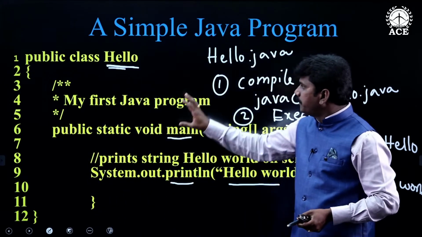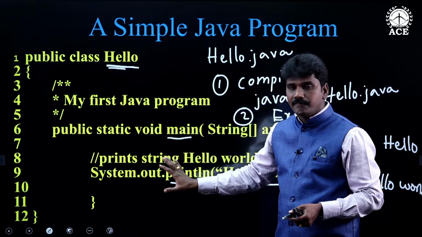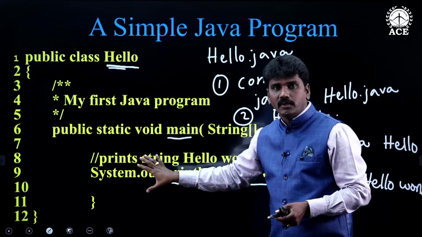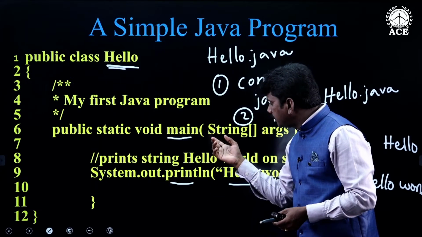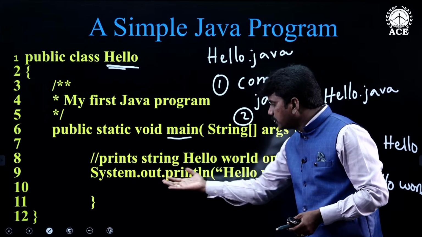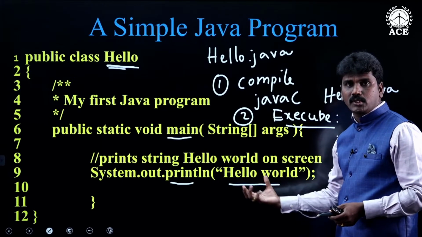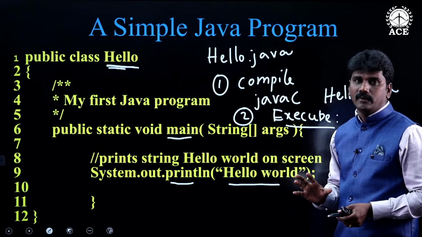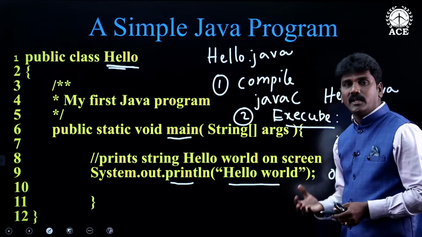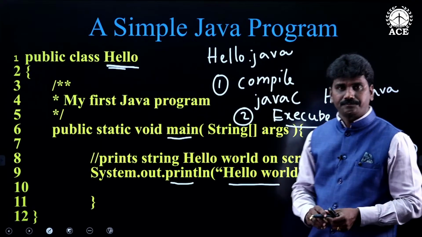Let us see simply how the class can be written. First, we have to take the class and the class name, and then whatever code we want to write we can write it, but execution always starts from the main method. Inside this main method we simply have one statement, hello world. If you want to display your name, then instead of hello world you can put your name in double quotations.